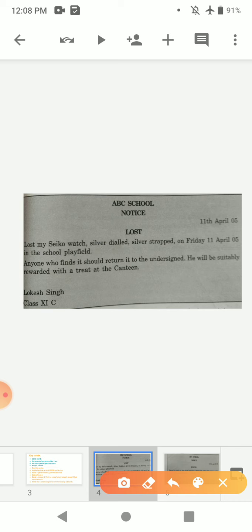And then he gives description of his watch, silver dialed, silver strapped, and then the date on which he has lost his watch, and where, in the school field. So when, where, and whom to contact. So yes, he has mentioned these things, and he has given his name.